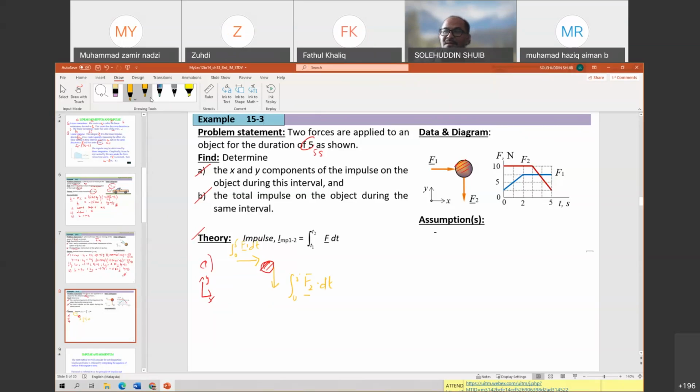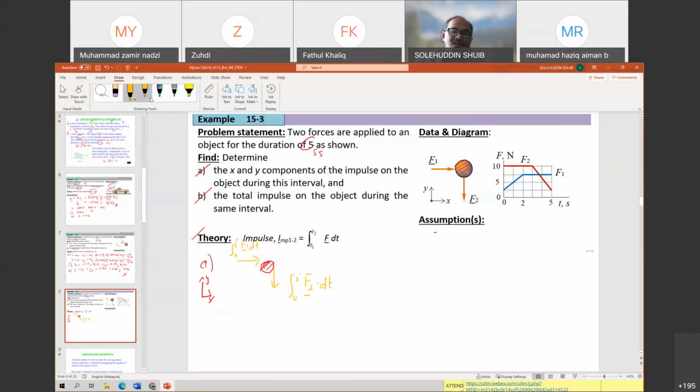This corresponds to this theory. We have these two, right? So this is the way we put it in the diagram or in the figure.